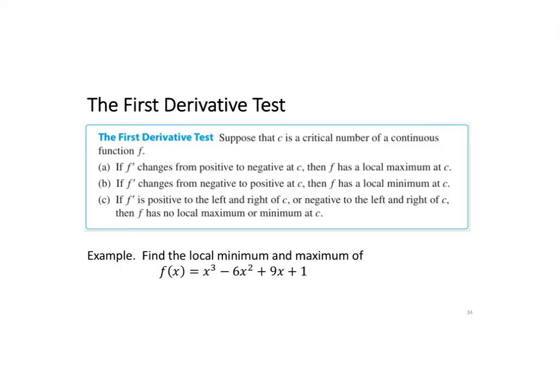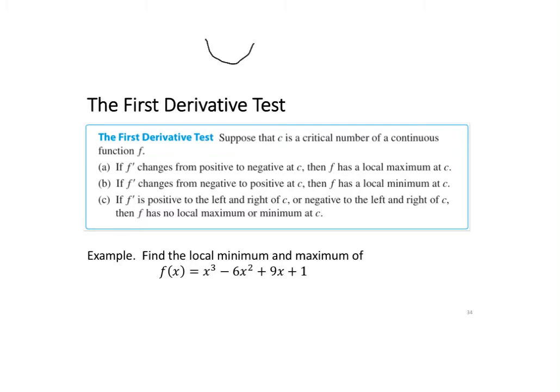Let's bring back what we talked about in section 3.1, which is this idea of a critical number and a local maximum and a local minimum. Remember that a local max or a local min could look like a few different ways.